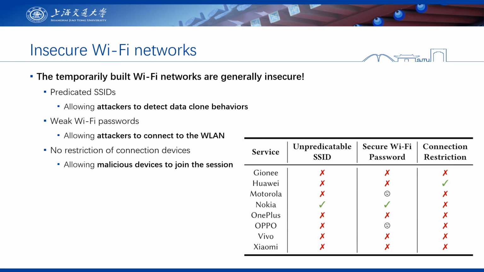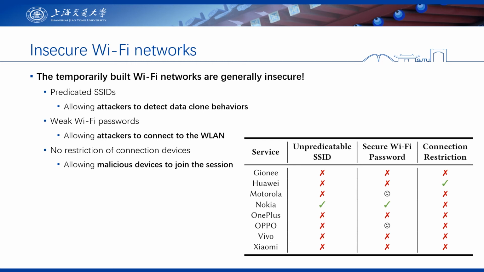We found most data clone services don't use a secure Wi-Fi network to fulfill the data clone. Many of them use predictable SSIDs, which are easily detected by attackers. Almost half of the investigated services don't generate passwords randomly, allowing attackers to join the WLAN without authorization.